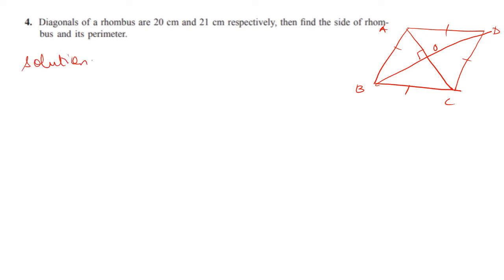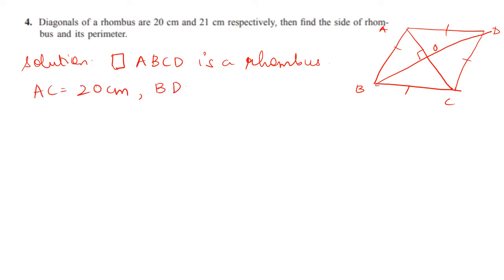Solution. Quadrilateral ABCD is a rhombus. Then AC is equal to 20 centimeters and BD is equal to 21 centimeters.